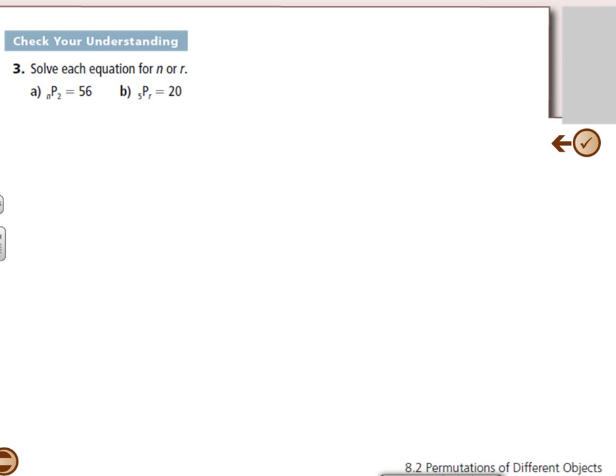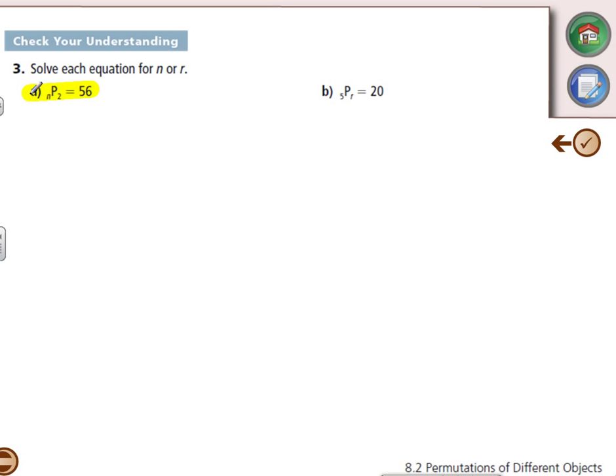All right, next one. Good chance that this is going to be a question on the diploma. First one, second one, not so much. I'm going to do the second one first, and then I'll come back to the first one, just to show you the process a bit. So the second one, B: 5Pr equals 20.